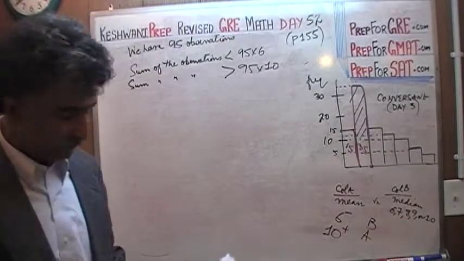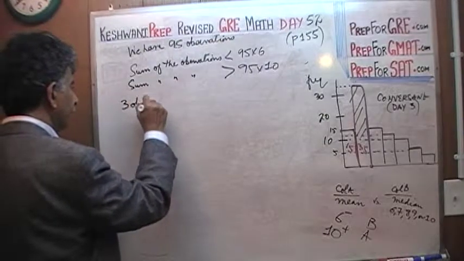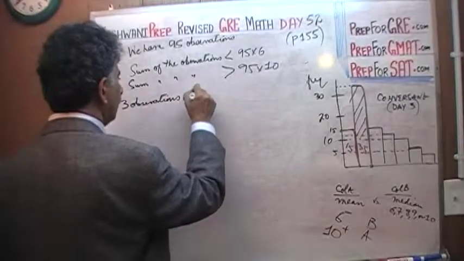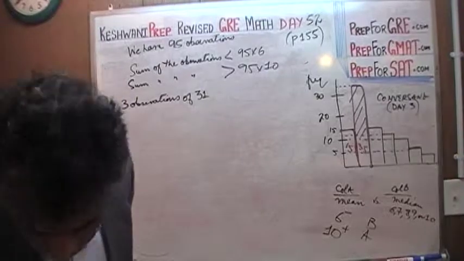So if you look at the graph carefully, you will see that we have 3 observations of 31. Look carefully there and you will see.